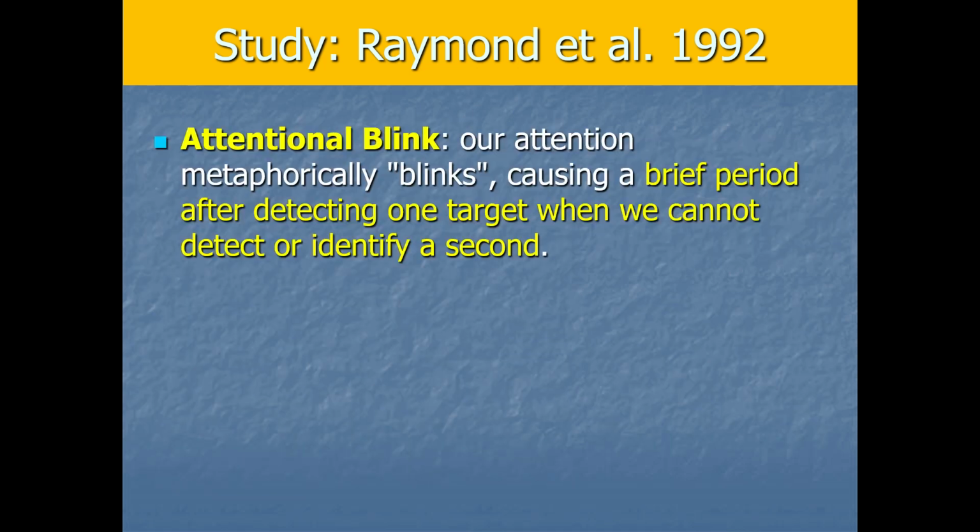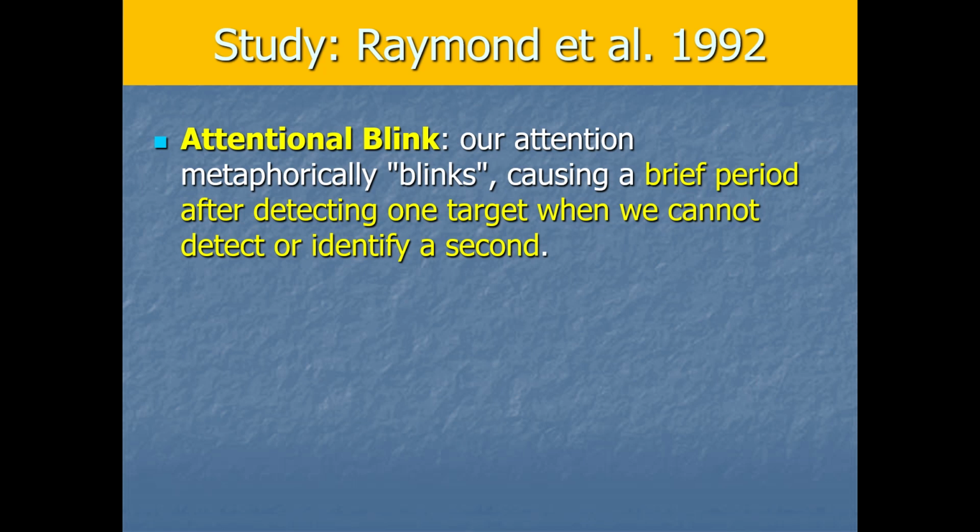Now, when they discovered this slowdown when we switch between tasks, the fact that it's hard for us to switch between tasks really quickly, like half a second or quicker, they called this attentional blink. So our attention metaphorically blinks, kind of like our eyes, causing a brief period after detecting one target when we can't detect or identify a second.